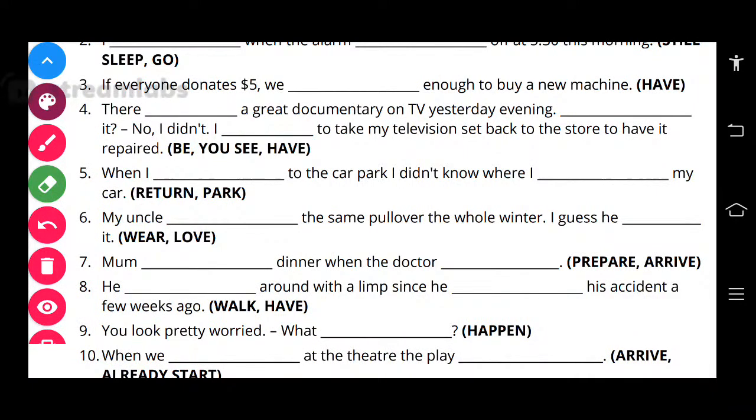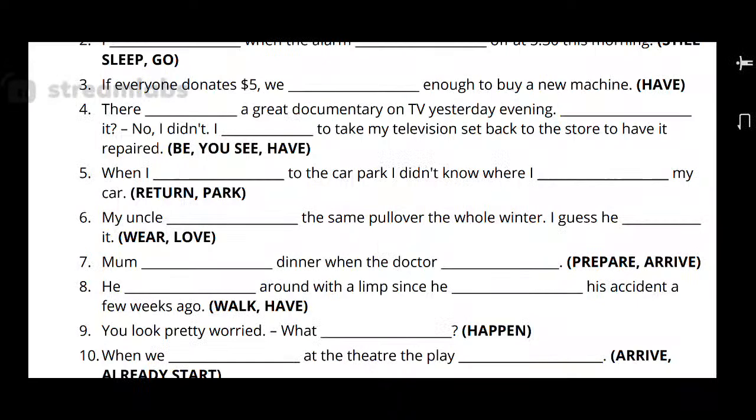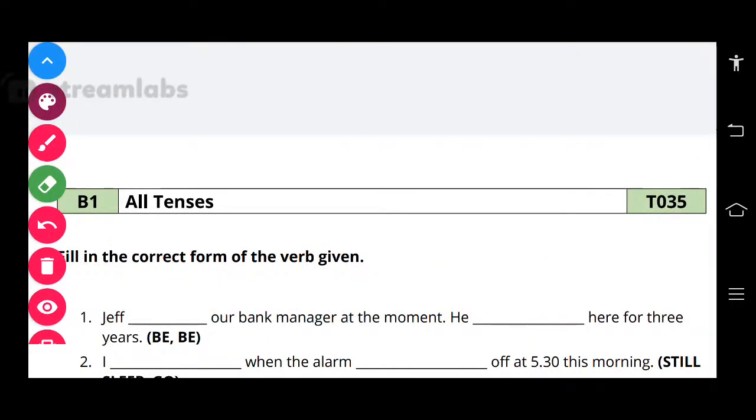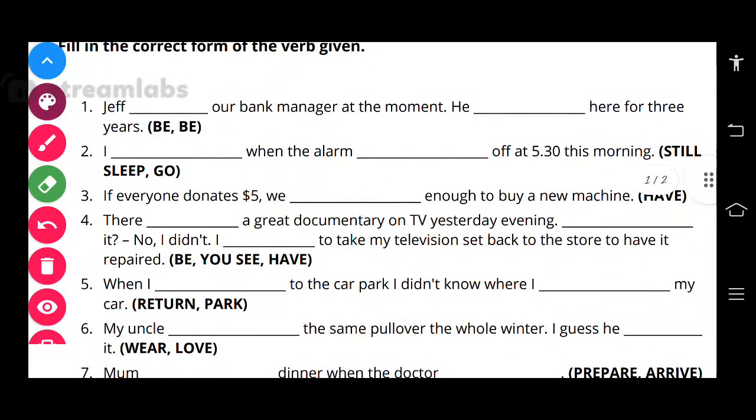Actually, he would like to enjoy the movie on the TV, but as it got damaged, he was forced to take the television to the store to have it repaired. So do we use have to or had to? Here the answer is had to.